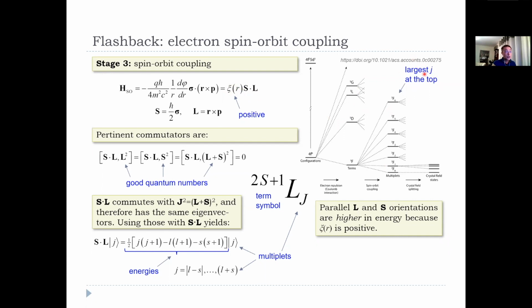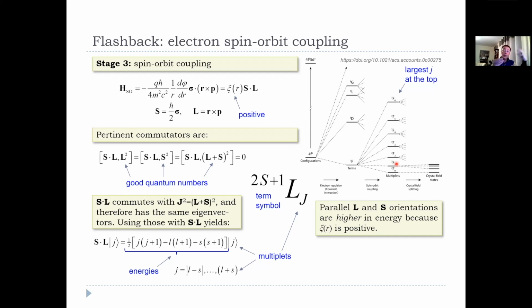The largest total momentum is at the top because parallel orientations of S and L are higher in energy than antiparallel. So the highest momentum is here. And then, of course, all of these multiplets, individual projections of the momentum, would correspond to individual little orbitals like px, py, pz. And they are differently spatially oriented, right?